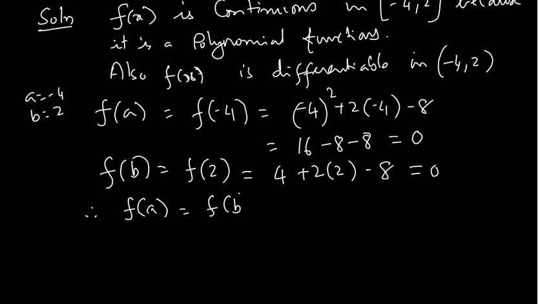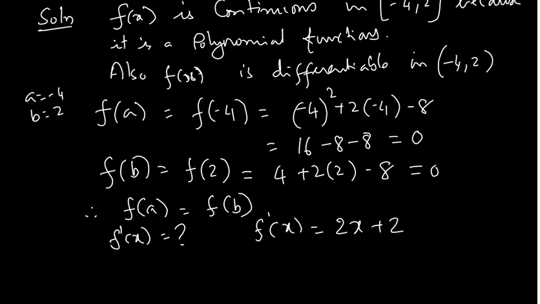So now, in order to show Rolle's theorem is verified, we have to do f dash x. f dash x is how much? So f dash x equal to, you are writing x square, that is 2x plus 2. I differentiated this.